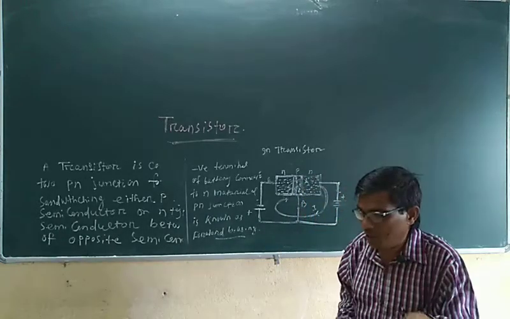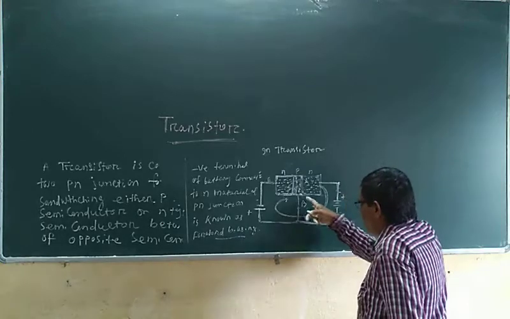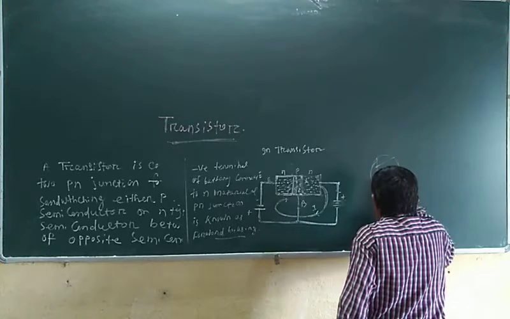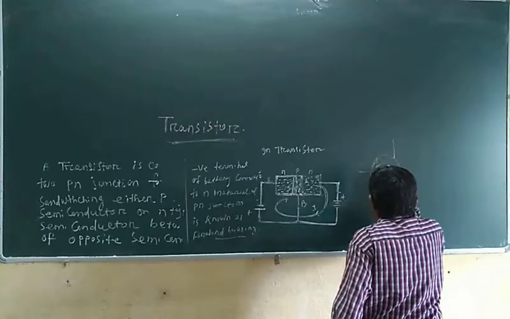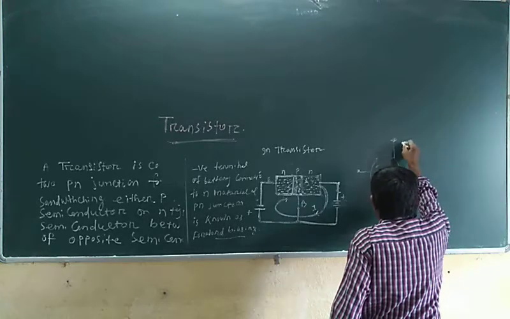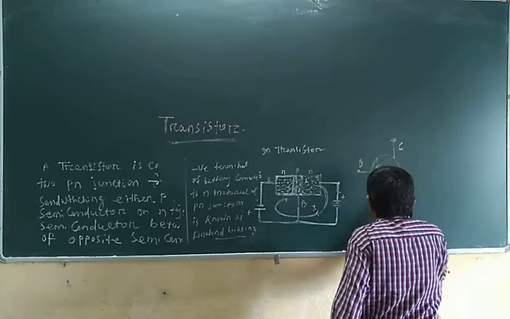Now in this section we see the transistor has 3 terminals. The conclusion is that a transistor has 3 terminals, that is the collector, base and emitter.